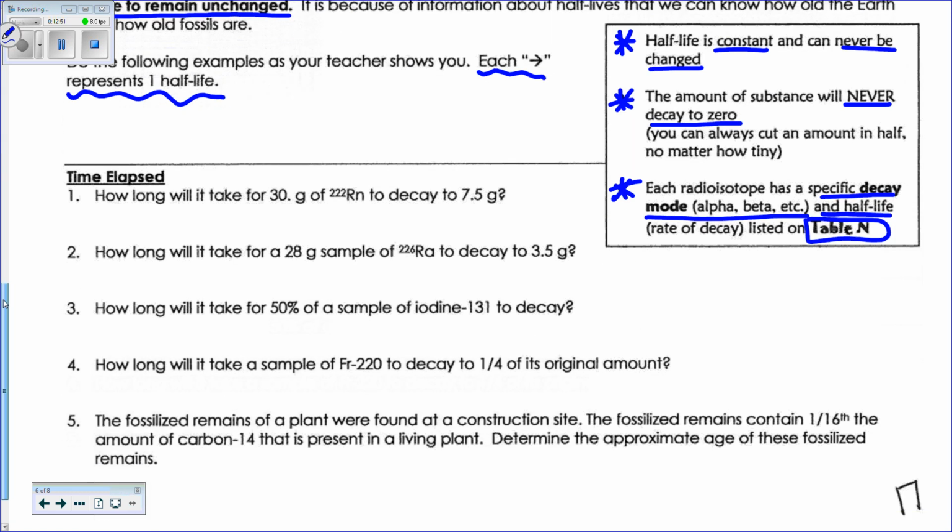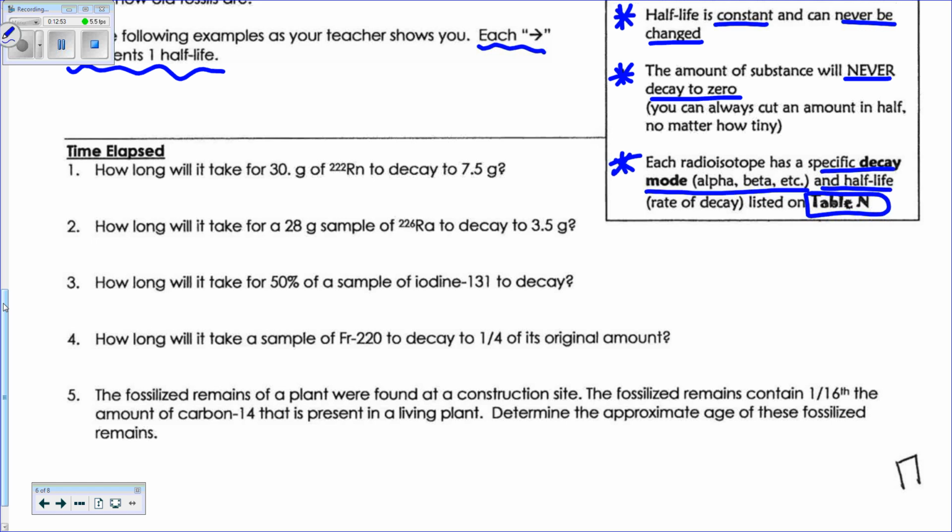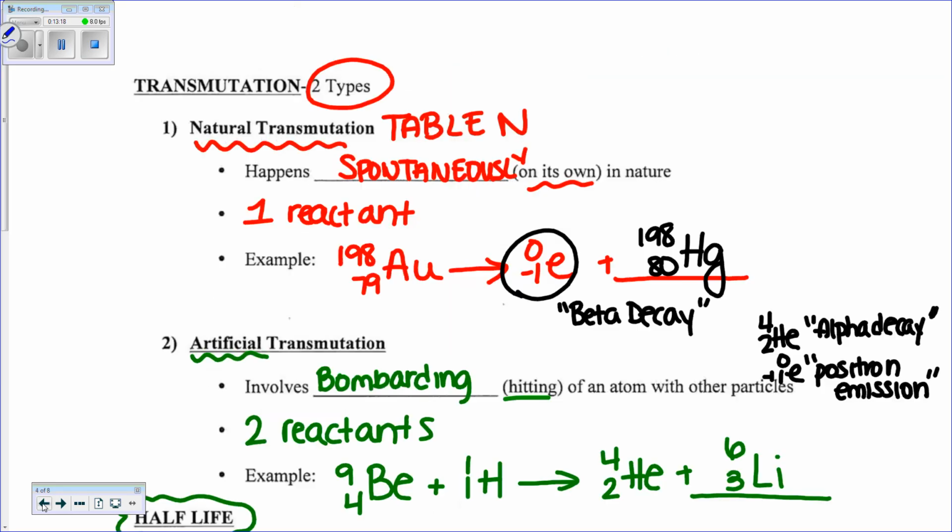So if I go through problems that ask me basically time elapsed, they're going to be questions like number 1. So it says, how long will it take for 30 grams of Rn-222 to decay to 7.5 grams? So what I'm going to do is first, let's go to our Table N and let's look up Rn-222. So I flip back.